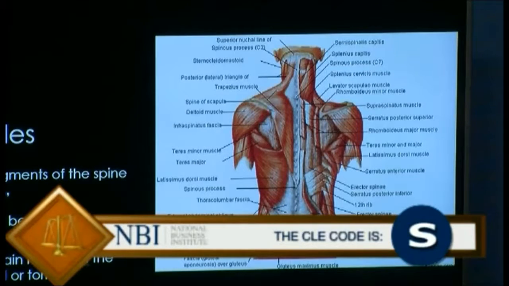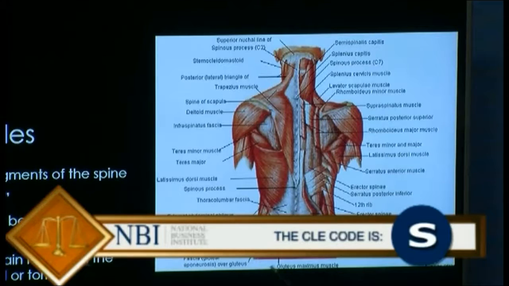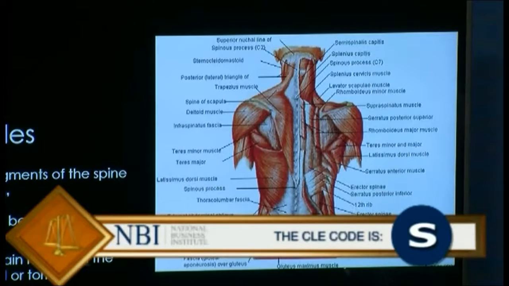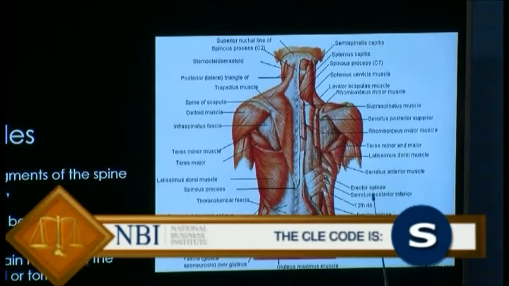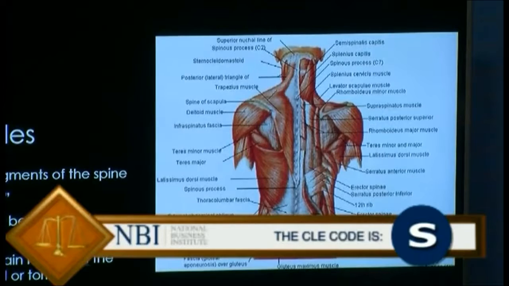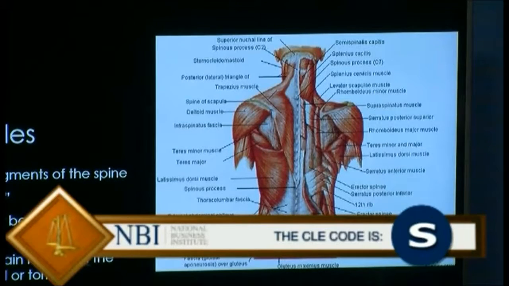So if you're trying to work up a case and people are concerned truly about muscle tearing or muscle injury, then what you would do is get a radiologist to do an MRI and look for any muscle edema or any muscle tearing or hematoma in the muscle that might give it an acute indication of a soft tissue injury. The attorneys here are going to talk about soft tissue injuries, working them up.